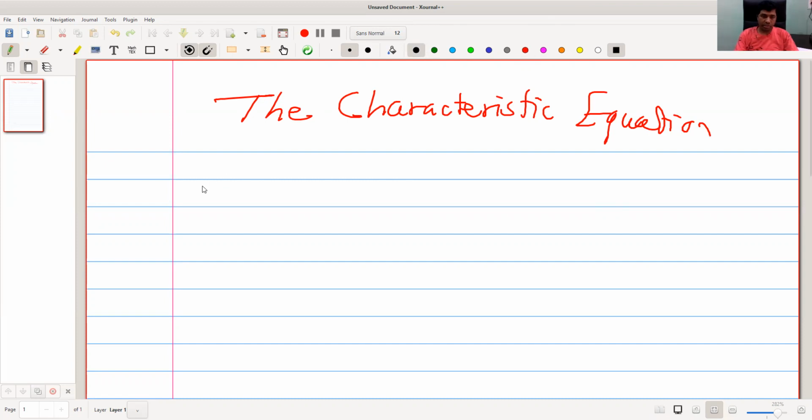We consider nth order homogeneous ODE with constant coefficients.